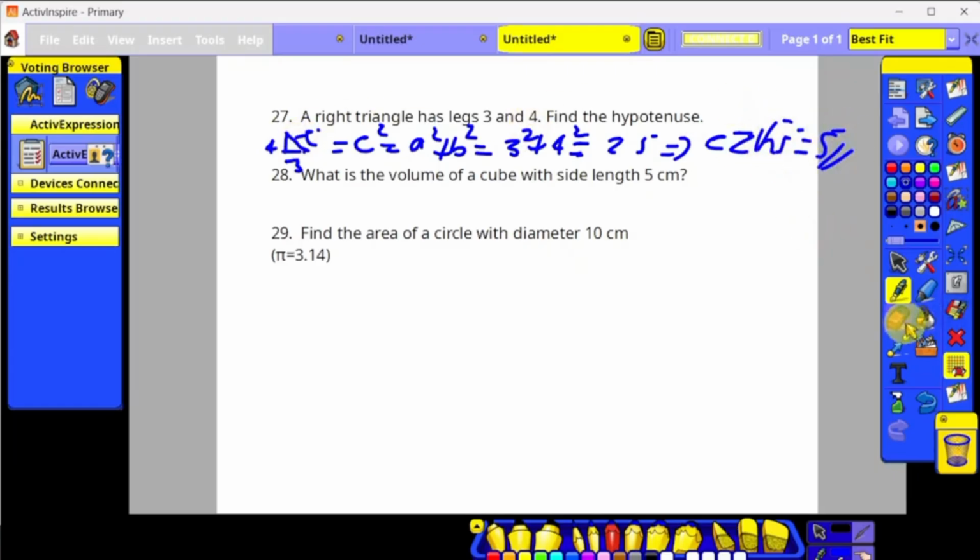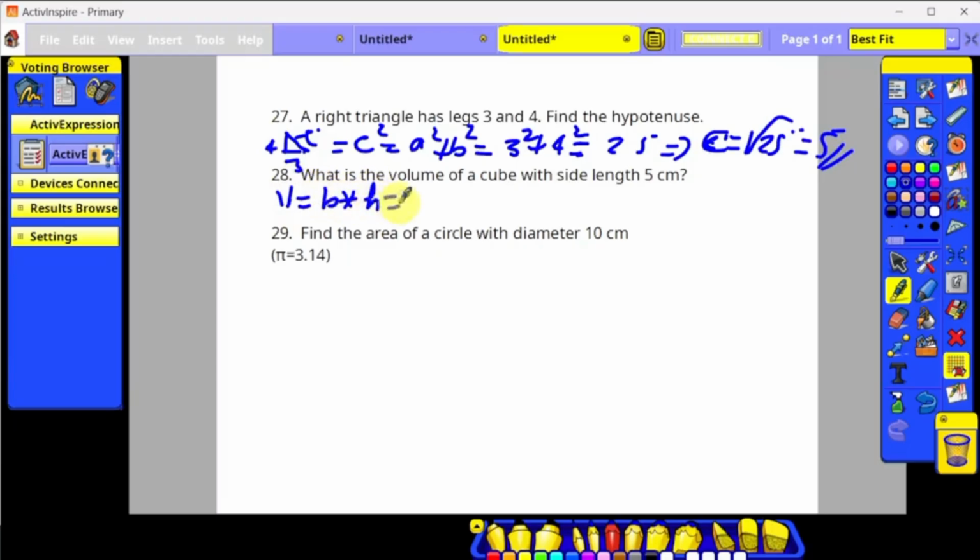Let me make it clear here. C is equal to the square root of 25. What is the volume of a cube with side length 5 centimeters? The volume of any solid object is equal to base area times height.